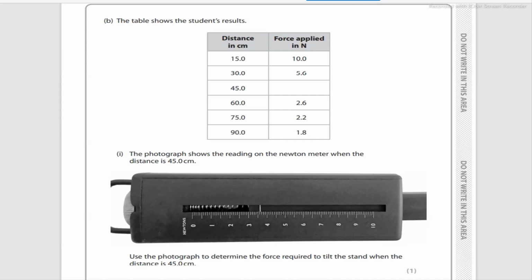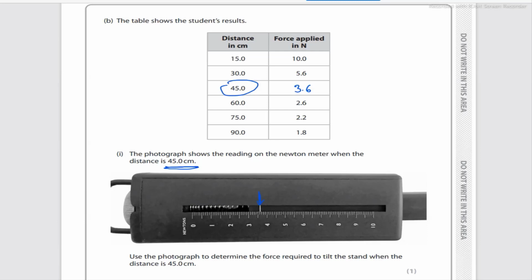If the distance is 45 centimeter, what will be the force applied? The photograph shows the reading on the Newton meter when the distance is 45 centimeter. Look at the pointer position here. So 3.6 Newton.